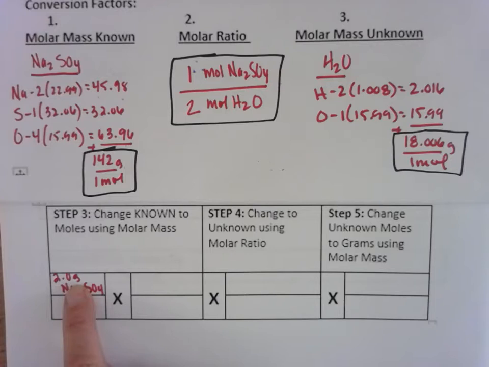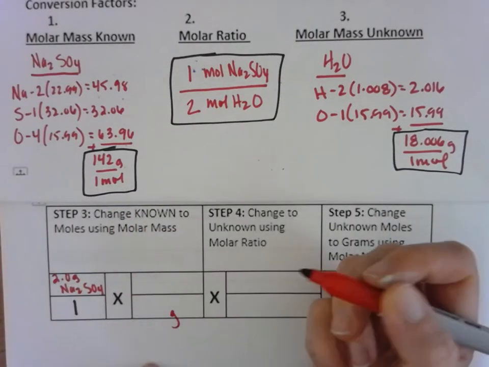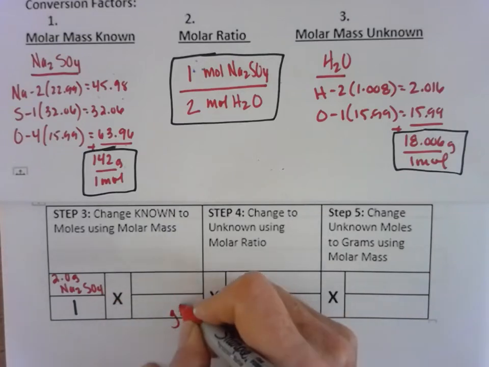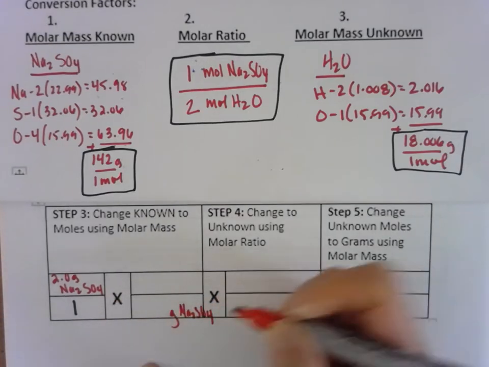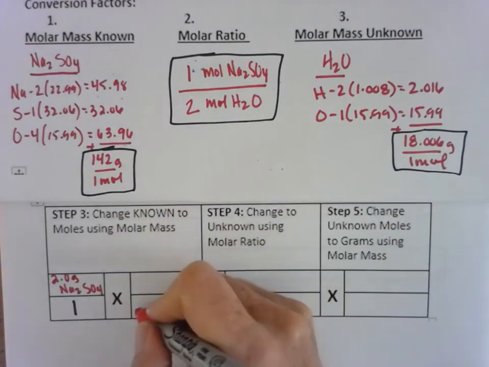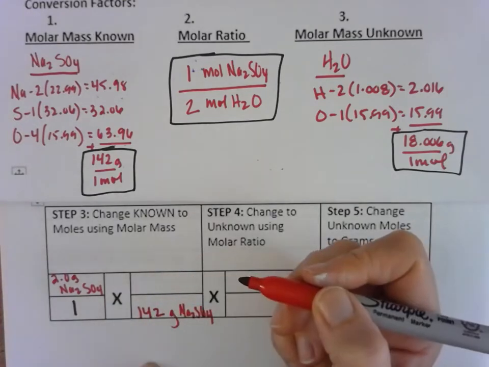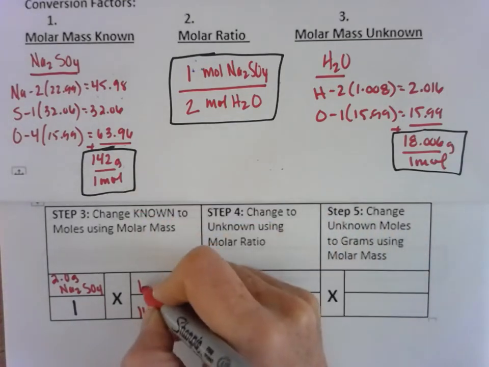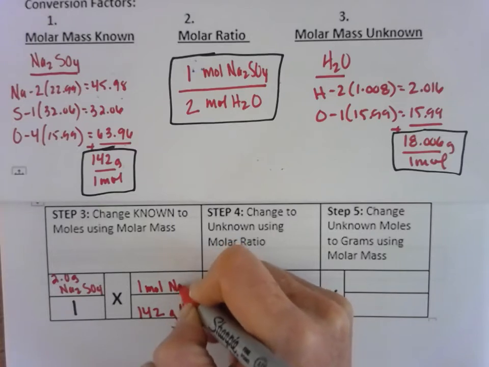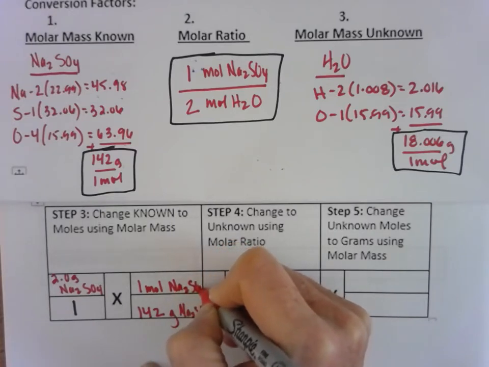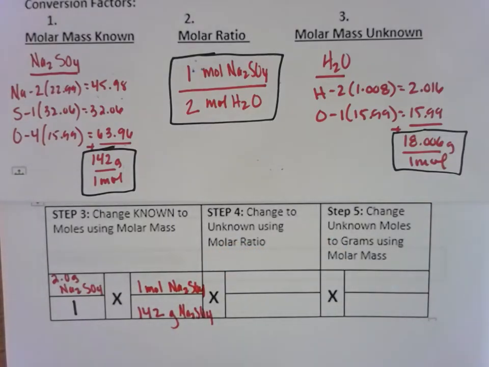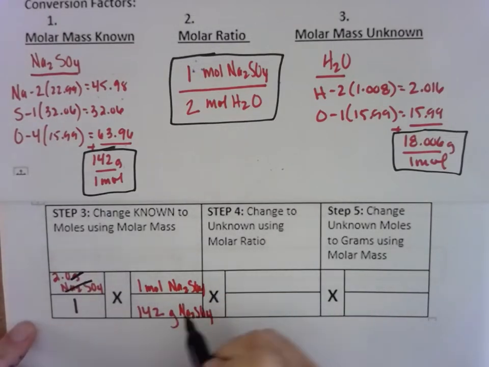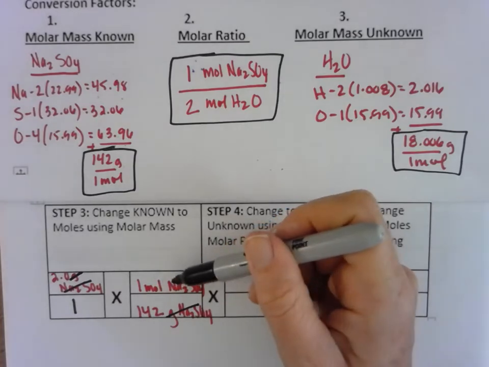Therefore, I need to put grams on the bottom. Grams Na2SO4, the same chemical, and the number for that is 142. The rest of the molar mass is 1 mole Na2SO4. I would start canceling right away. Grams Na2SO4 cancel, and I'm in moles Na2SO4.